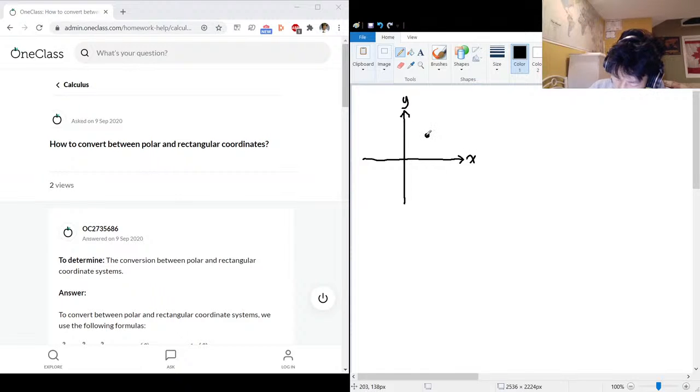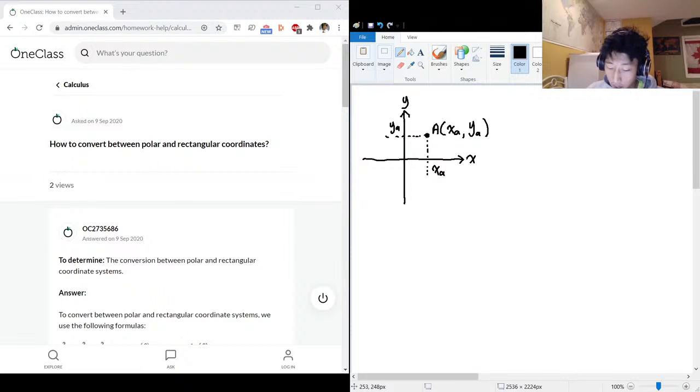And let's say we have a point A here, at position x of A, y of A. It would intersect with the y axis at y of A, and it intersects with the x axis at x of A. Fairly straightforward stuff that we are most likely already familiar with.